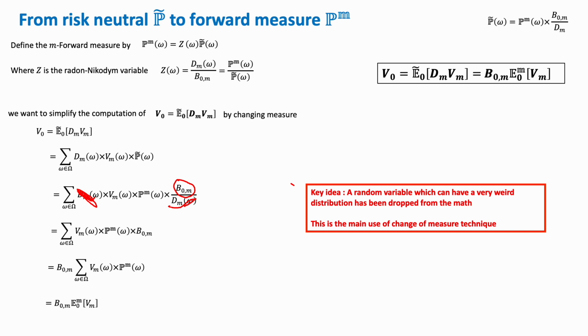A random variable which can have a very weird, complicated distribution has been dropped from the math, and this makes it a lot easier. This is the main use and the main idea behind this change of measure technique. Every time in financial mathematics, we try to find which measure, which Radon-Nikodym derivative, we can use so that somewhere along the line the math simplifies itself.